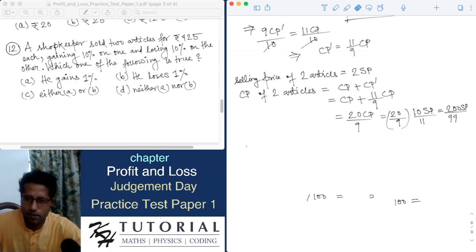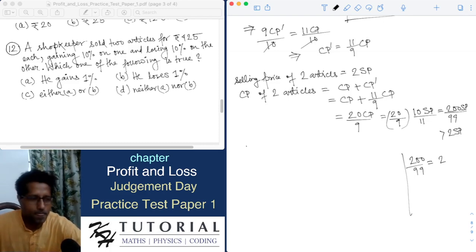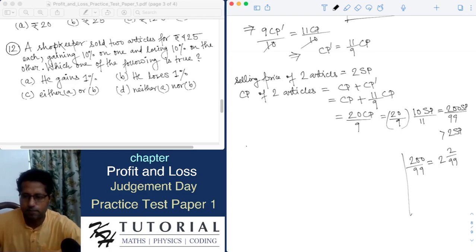This is greater than 2 SP, because if you convert 200 by 99 to a mixed fraction, that is 2 and 2 by 99. So this is more than 2.